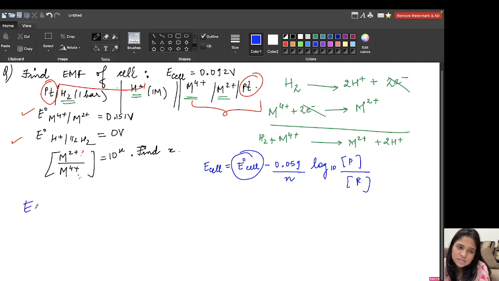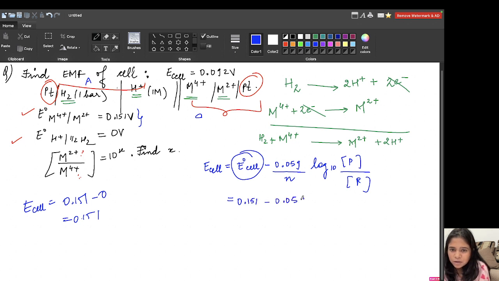I think enough practice is already done for this. This is your anode, this is your cathode. So E of cathode is 0.151 volt minus 0 volt, so this will be 0.151 only. So when substituting the value, 0.151 volt minus 0.059 by n.